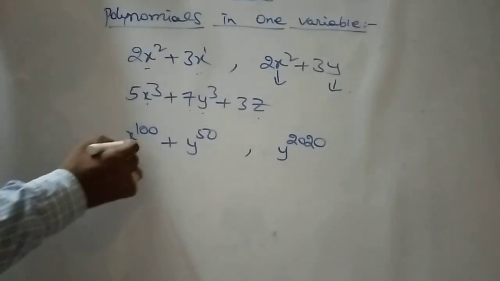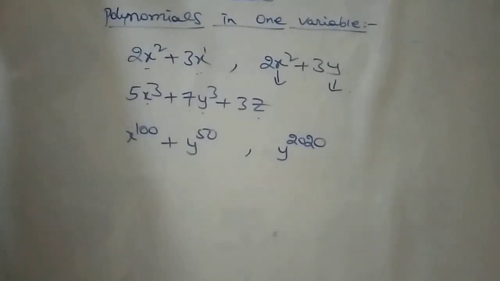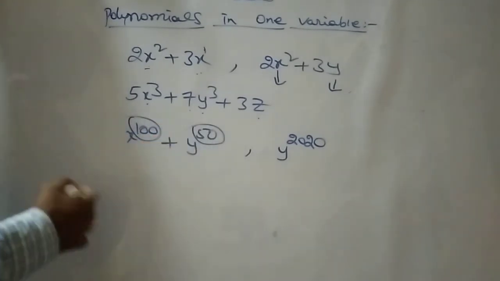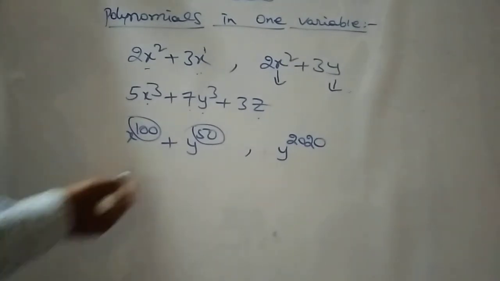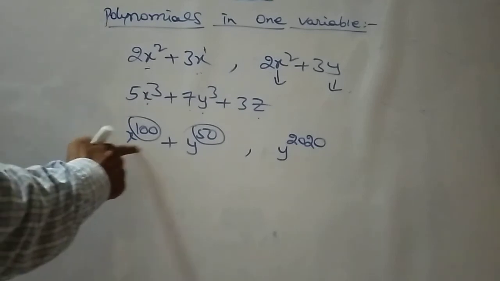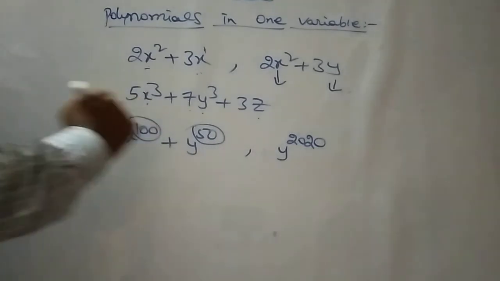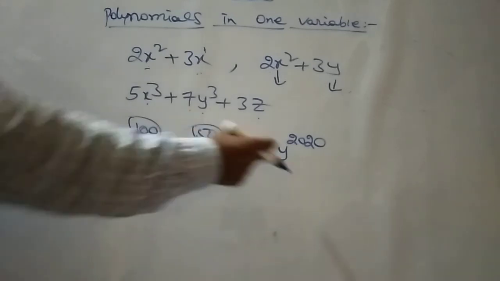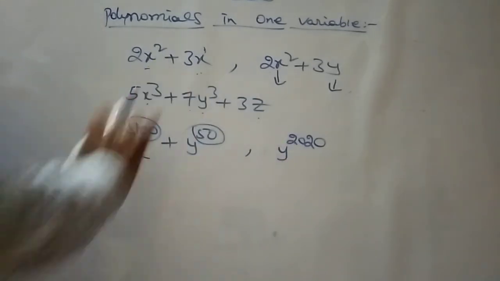The next one, x power 100 plus y power 50. Very big powers, but it is a polynomial because 100 and 50 are non-negative, but the variables are 2. It is a polynomial in 2 variables. Now observe the last one, y power 2020.